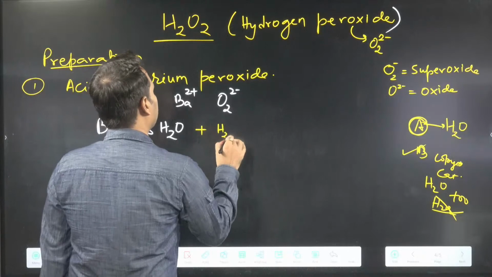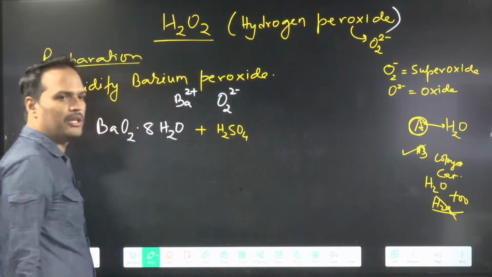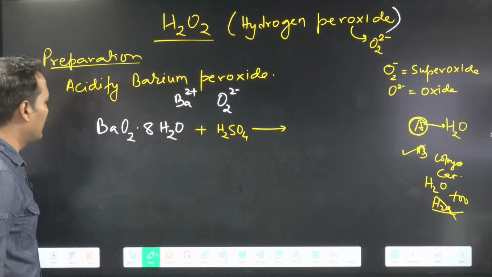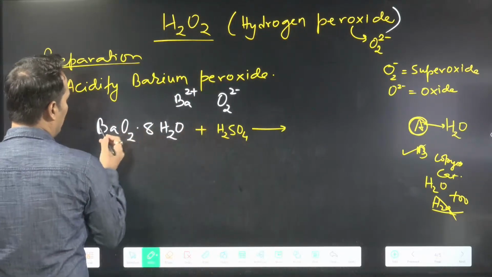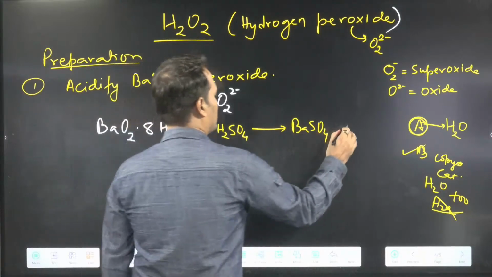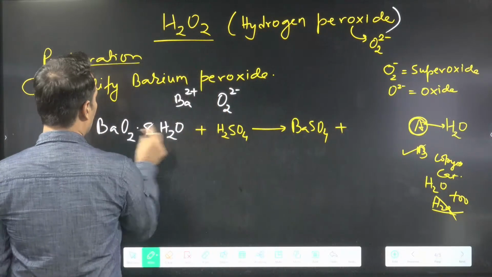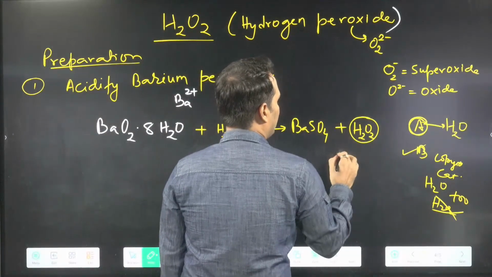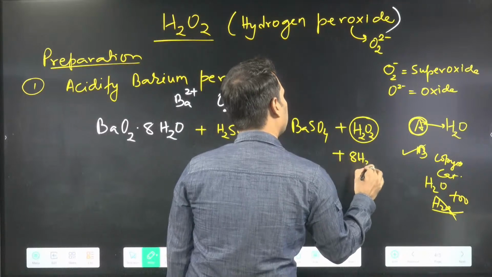You acidify it. Acidify means H2SO4. Simple, you have to do nothing else. Combine the ions SO4 and Ba2 plus, and you get BaSO4. We are not interested in that. Then you get H2O2, in which I am interested, plus 8H2O.